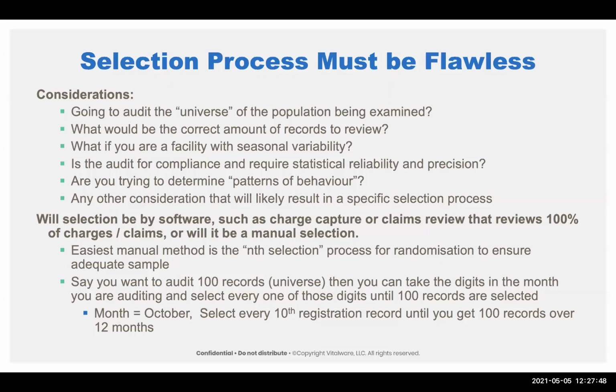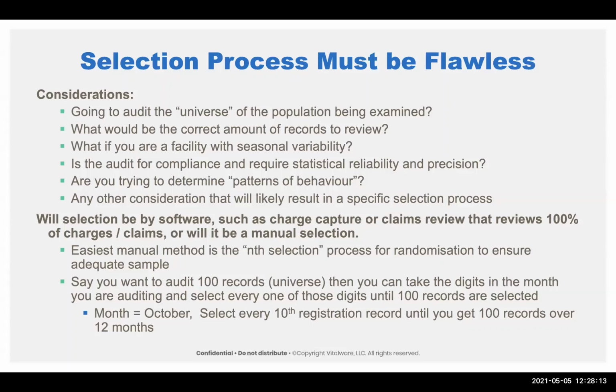What if the facility is variable? Say you have a hospital in the mountains of Colorado that's very well known for orthopedic injuries in the winter from skiing, but you don't have much in the summer. If you pick the audit to be the summer months for the Department of Orthopedics, you're not likely going to get the universe sample. So you have to make sure you've adjusted for seasonal variability.